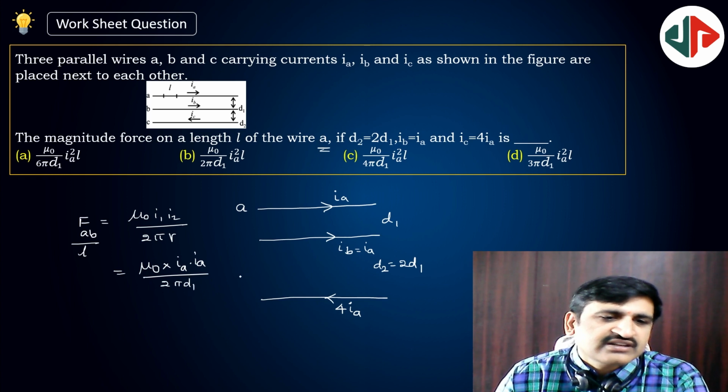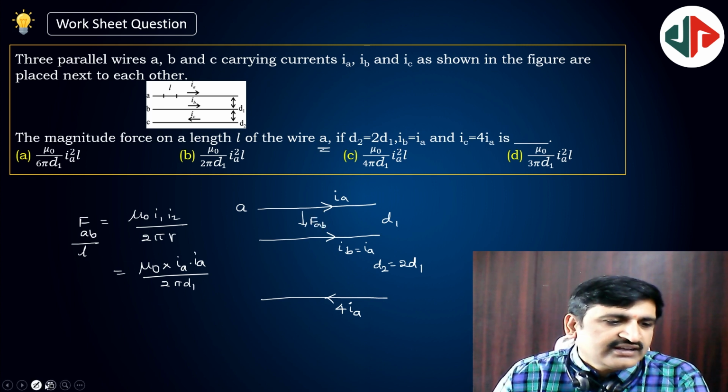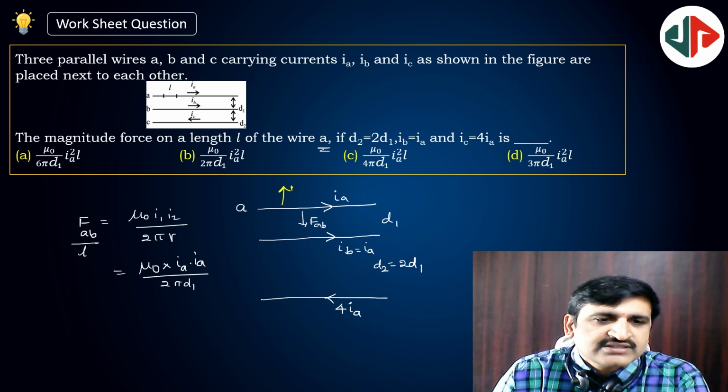This is the first one. And parallel conductors, so attractive force, so this is FAB. And this must be repulsive because unlike currents, so automatically repulsive. This is FAC.